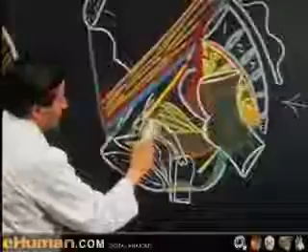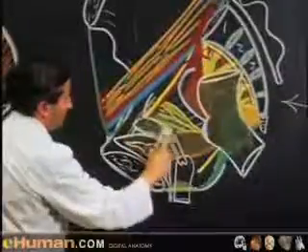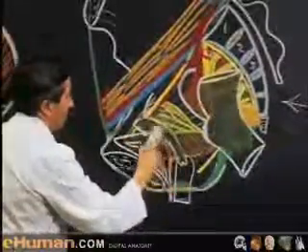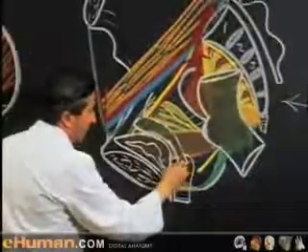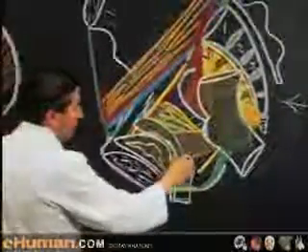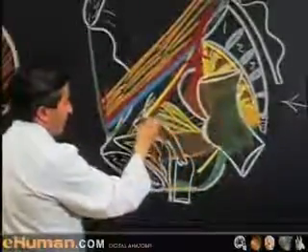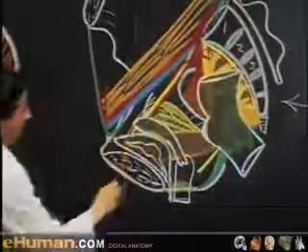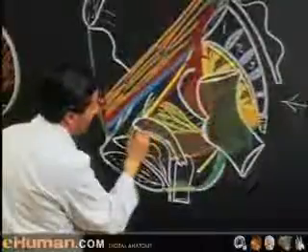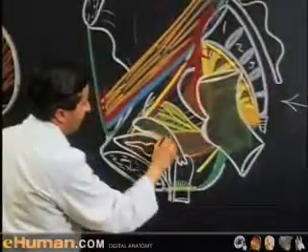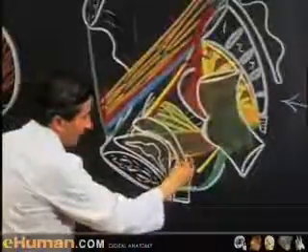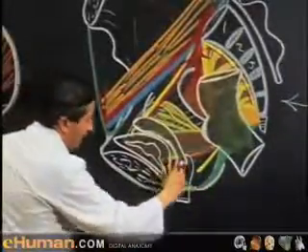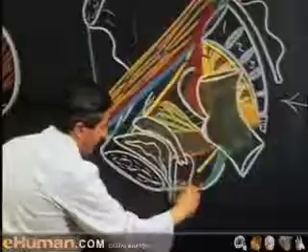We erase the structures that lie on the other side of the uterus, and we can see here we have the cervix of the uterus projecting into the vagina, and here we have the body of the uterus giving rise to the fundus of the uterus, and the fundus of the uterus coming out to the anterior surface of the body coming back to the cervix. Notice how the cervix is projecting into the vagina in that sort of manner.